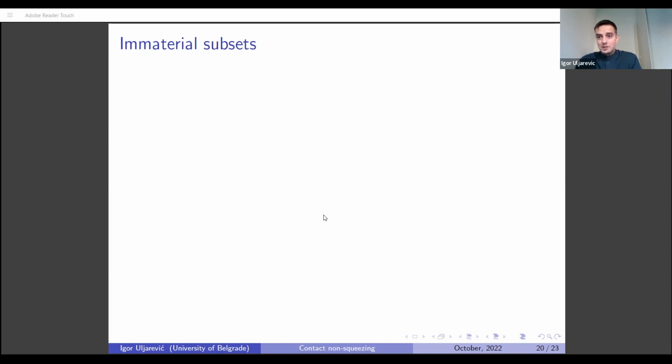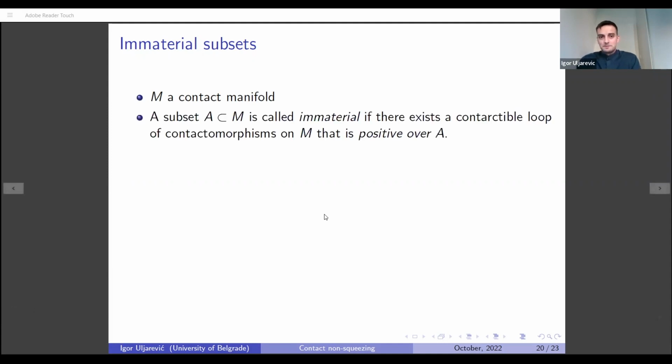So before giving examples of sets that have big selective symplectic homology, I will introduce a notion of immaterial subsets. An immaterial subset of a contact manifold M is a subset A such that there exists a contractible loop of contact diffeomorphisms on M that is positive over A.